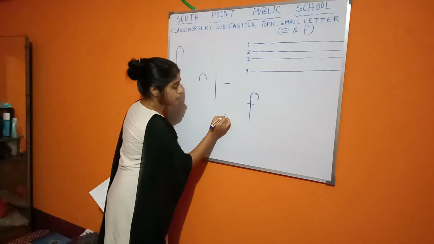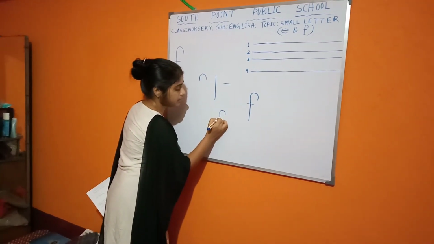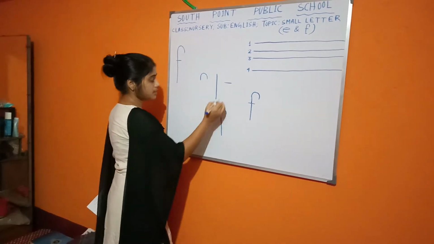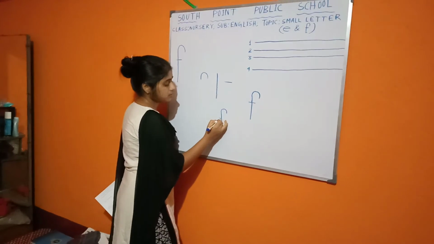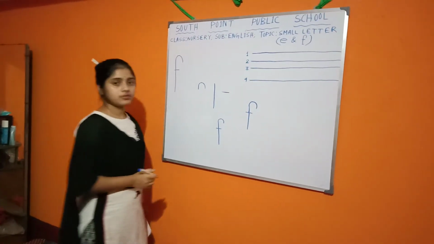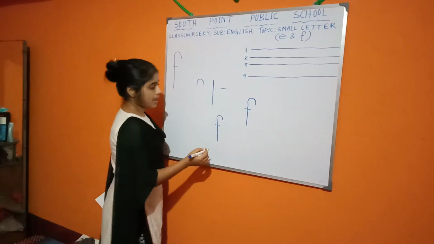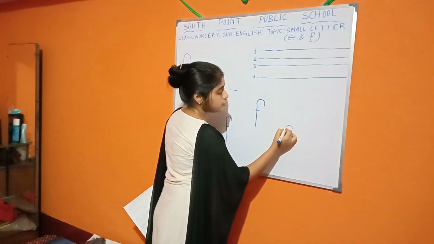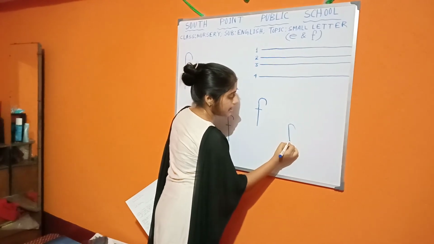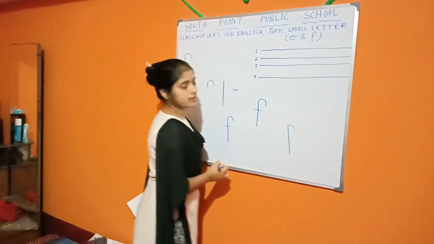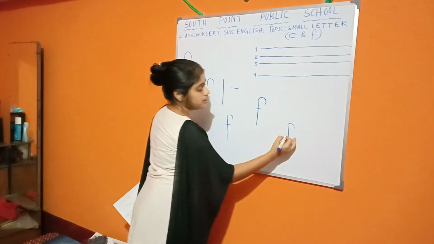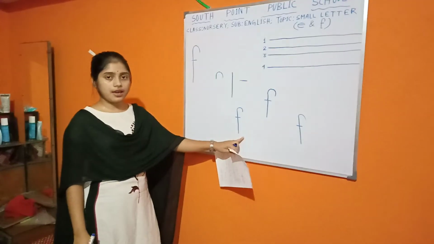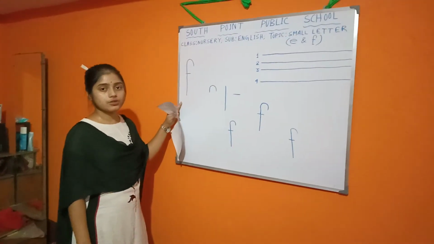At first, the small curved line joins with the standing line. Then the sleeping line joins with this. This is F. This is small f.